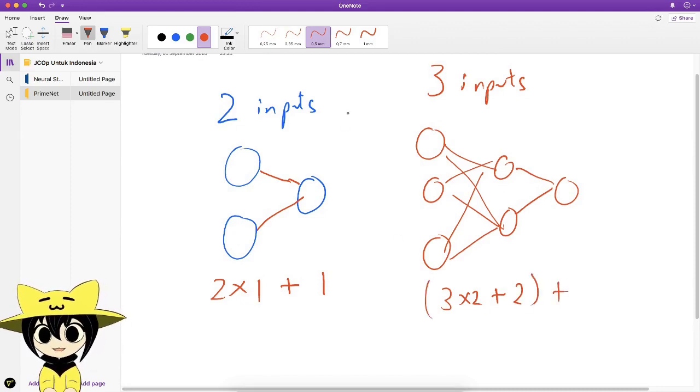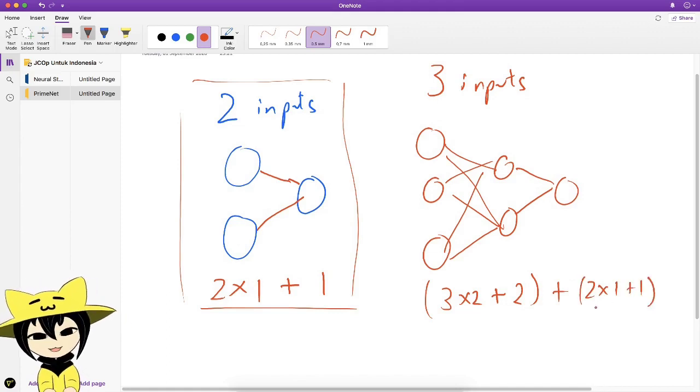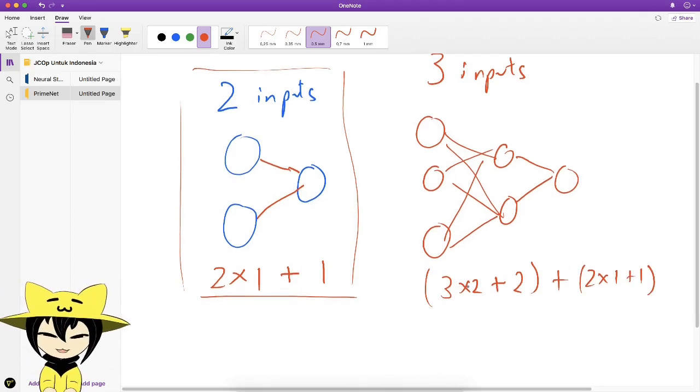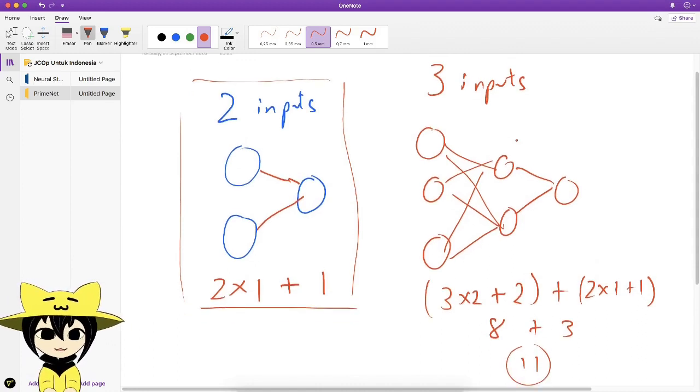Then we add the same as in the two-input case, so 2 times 1 plus 1. So how much is this? 6 plus 2 is 8, plus 3 is 11. Alright, so that's how we can compute the number of weights.